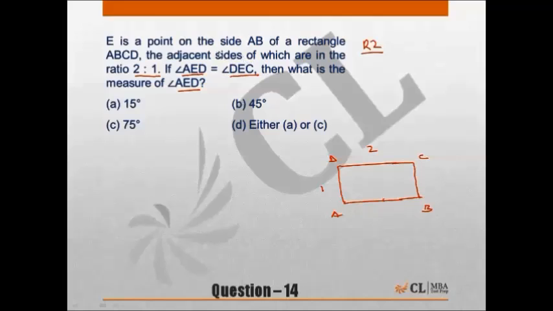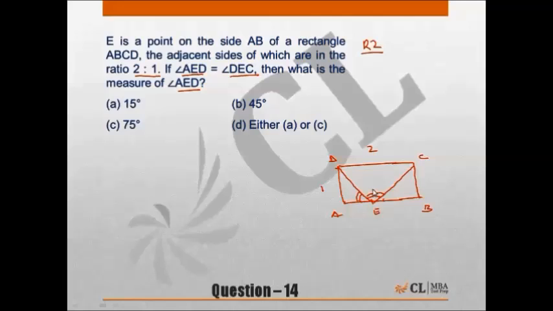The question says E is a point on AB, let's say here, could be anywhere just for understanding, such that angle AED is equal to angle DEC. So the question is saying this angle and this angle are equal. What is the value of this angle?